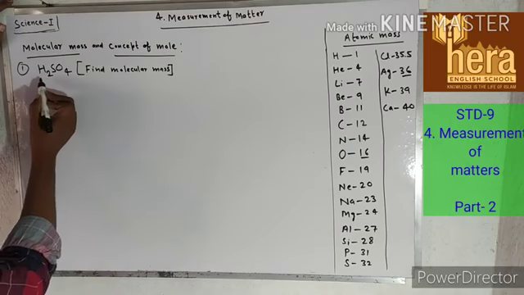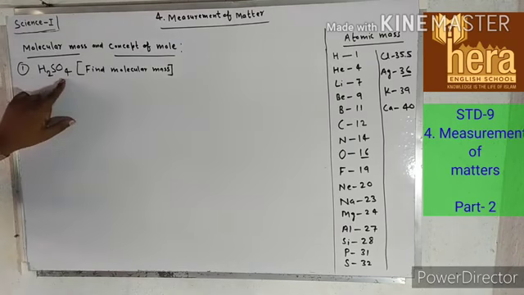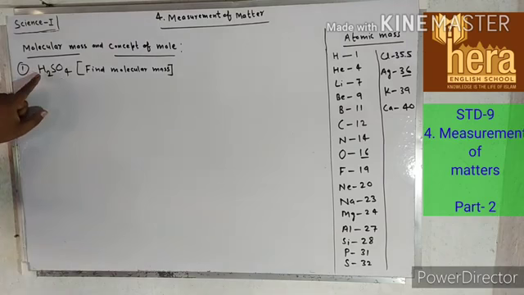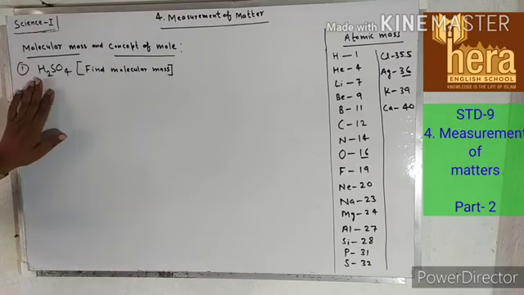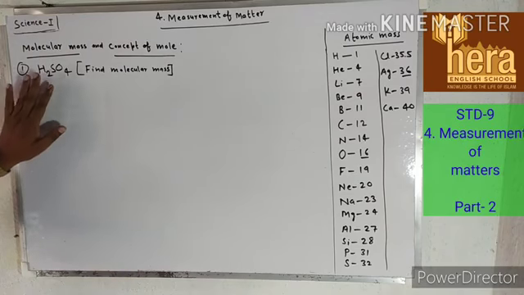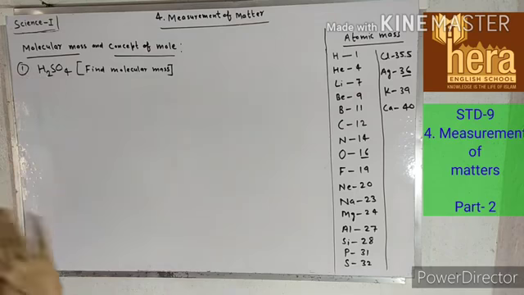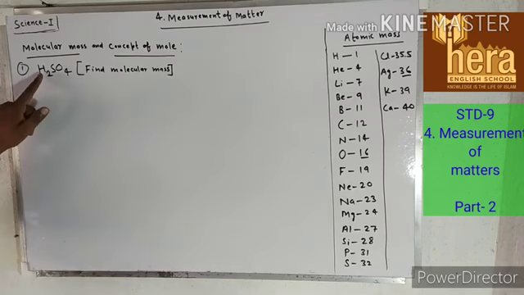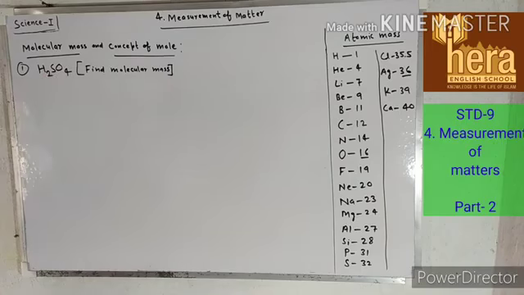see, in these molecules or in this substance there is hydrogen, S is sulfur, and O is oxygen. In H2SO4 or in sulfuric acid, there are total 3 different atoms. First one is hydrogen, second one is sulfur, and third one is oxygen.